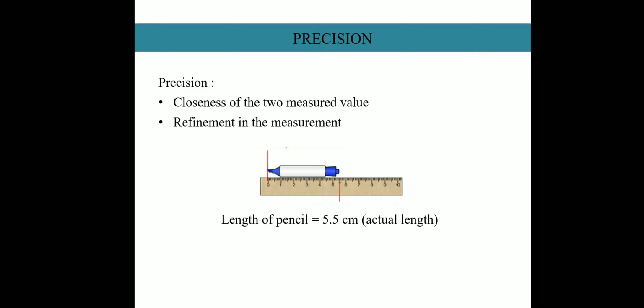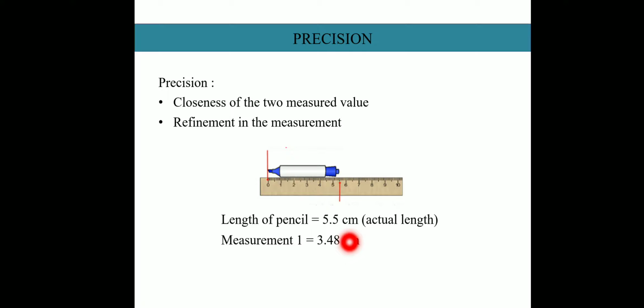We took a scale and started measuring the length of the pencil ourselves. The first value we got is 3.48 centimeter, which is very different, so someone can say measurement 1 is wrong. Because the actual value given on the packet is 5.5 centimeter, and when we used our scale, we were able to reach only 3.48.